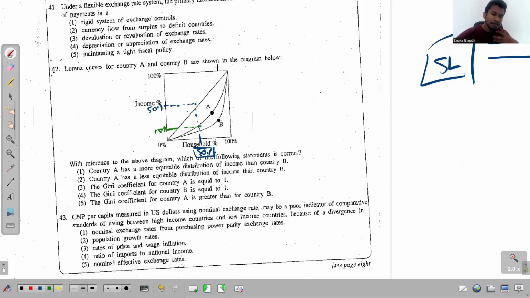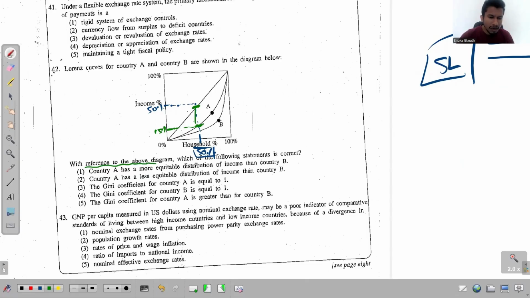That's the disparity of income distribution. The gap between the equidistributed line and the Lorenz curve shows you the disparity, and when this gap increases, the disparity increases. That's the meaning. So keeping that in mind, let's read this one.